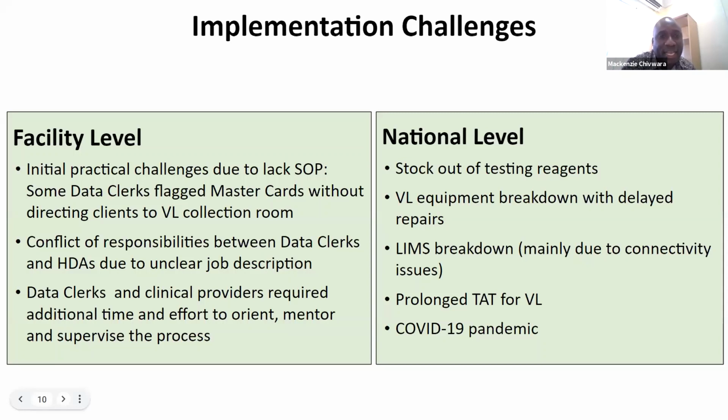So sometimes data clerks would just flag the MasterCard and put a sticker without actually directing clients for viral load testing, with the understanding that the providers would be the ones to direct the clients to do the viral load testing. What we noted was that eventually most clients were just getting their medication and leaving for their homes. So we noted that that was a gap.